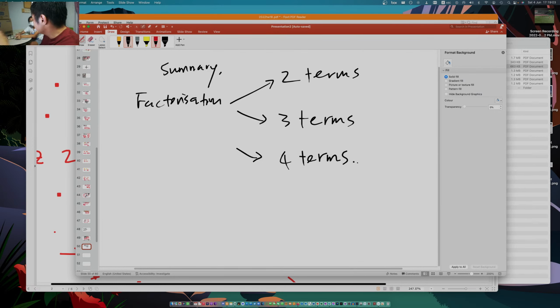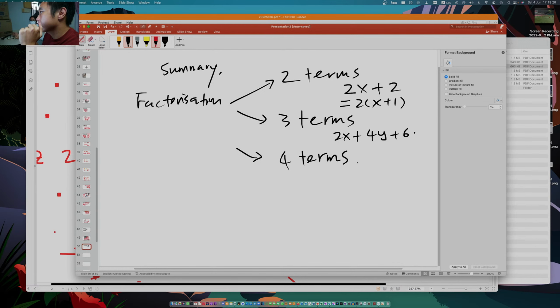Okay, so 2 terms, very simple. Take out common factor 2, x plus 1. That's the final answer. 3 terms, take out common factor 2.